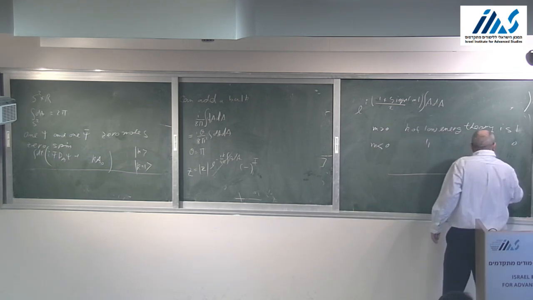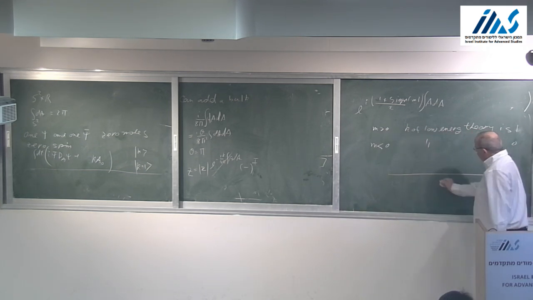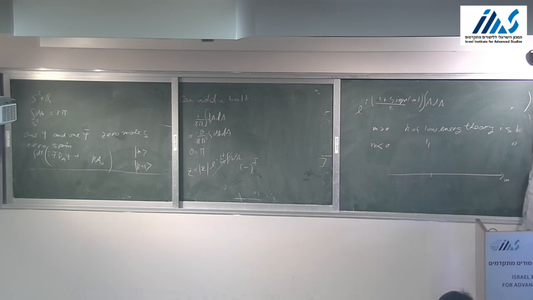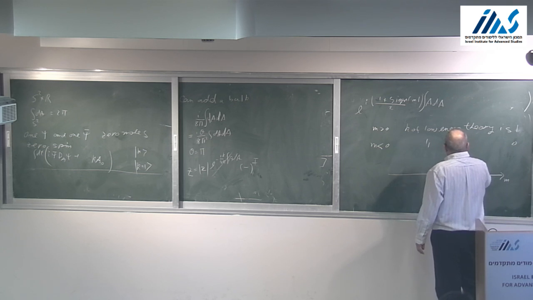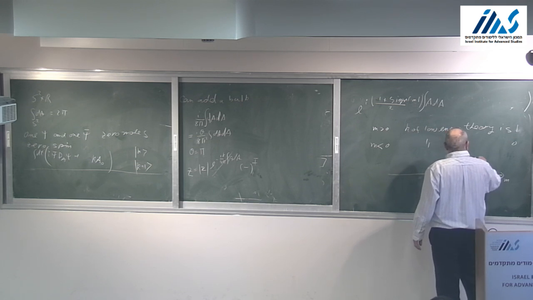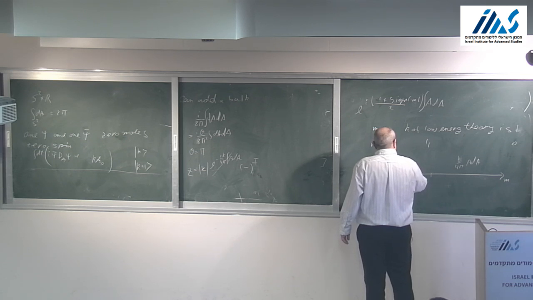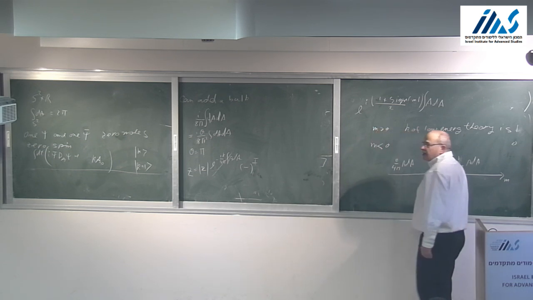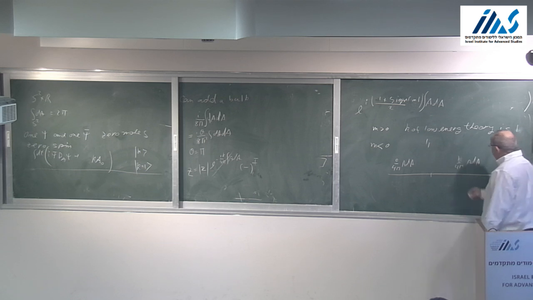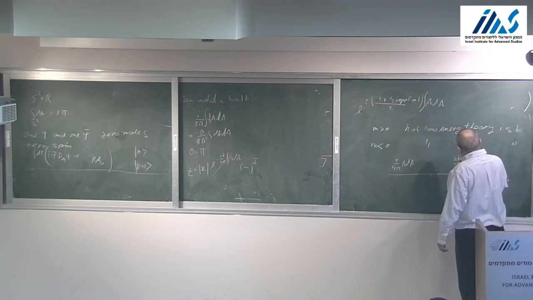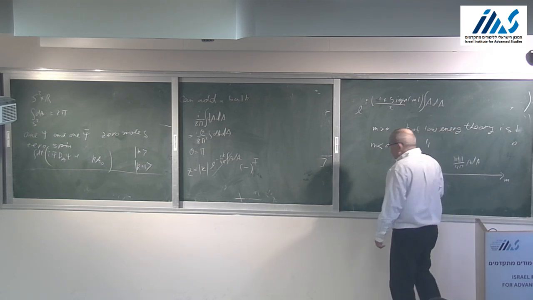So if I vary m, this is the U(1) invariant mass. For m equals 0, we have the massless theory. And here, we have 1 over 4 pi ada. And here we have 0 over 4 pi ada. And if we started with a bare k, here we are going to have k plus 1. And here we are going to have k.